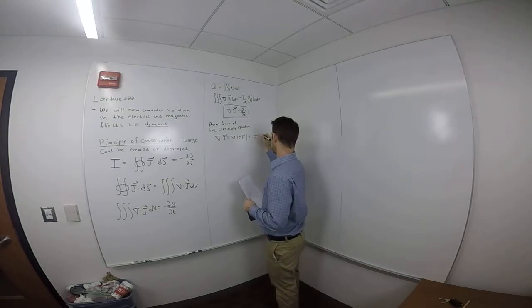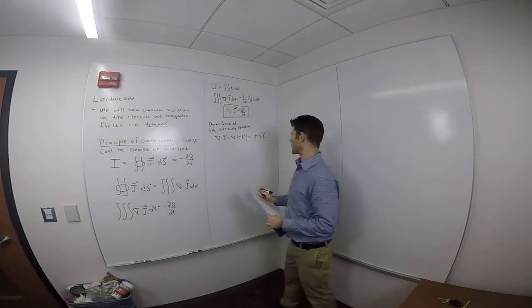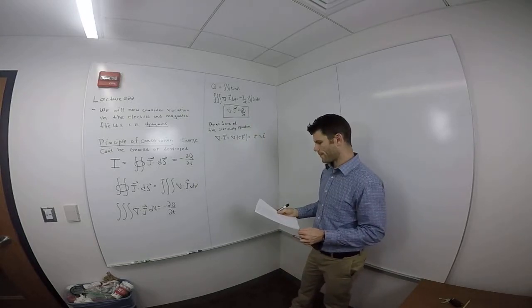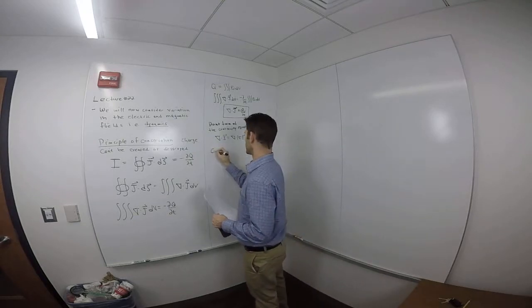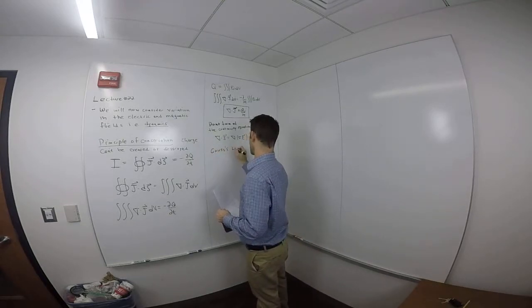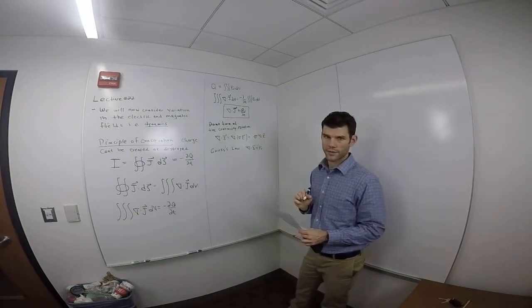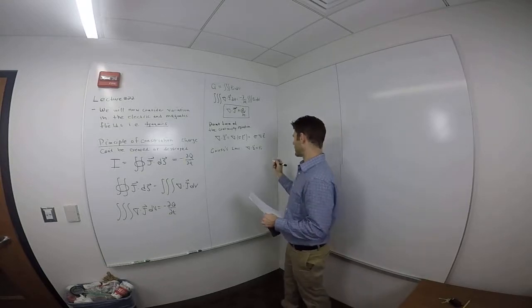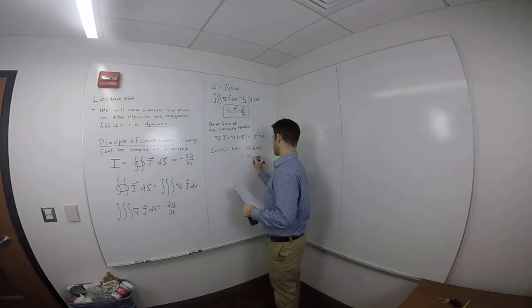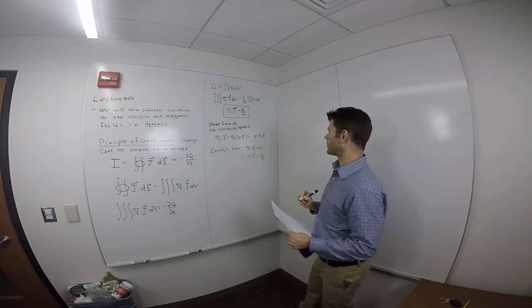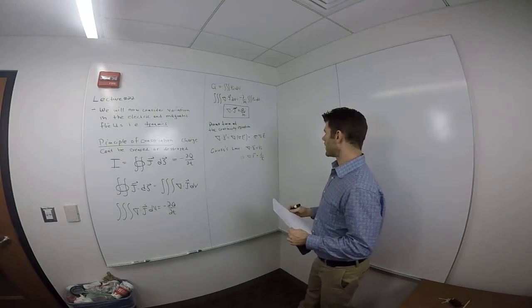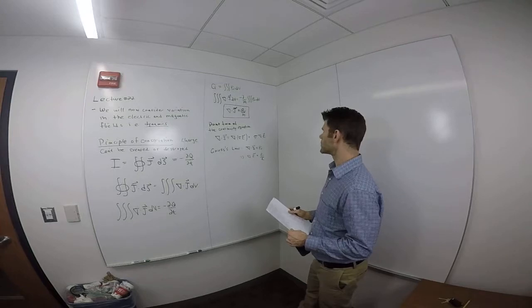We could say sigma times the divergence of E, right? Okay. Then we can use Gauss's law, which says that the divergence of D is equal to the volume charge density, right? From there, we can replace this and say that the divergence of E is equal to the volume charge density divided by epsilon, okay?